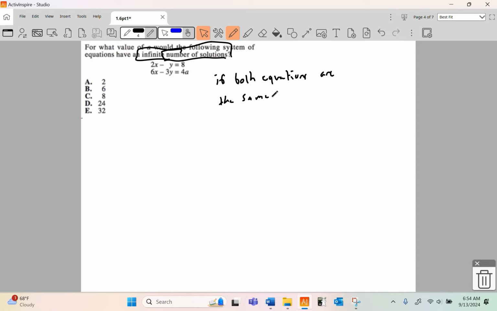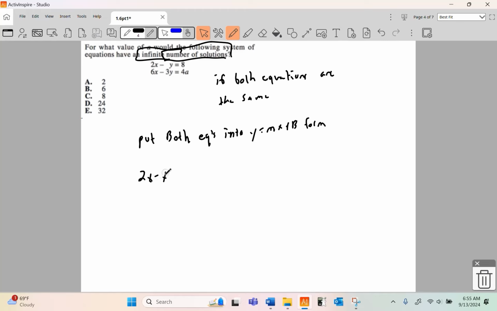All right? If both equations are the same. So what I'm going to do is I'm going to put both equations into y equals mx plus b form. So let's start with that one.